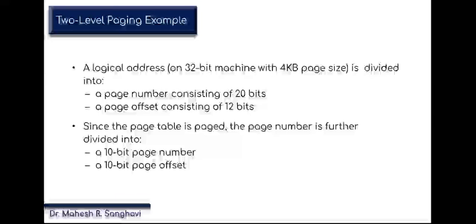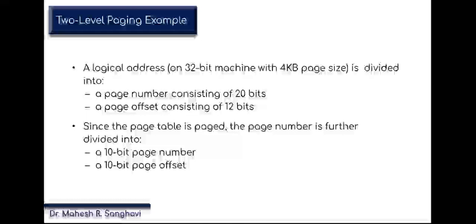So here a logical address, that is a 32-bit machine with 4 KB page size, is divided into two parts. The 32 bits will be divided into 20 bits and 12 bits.